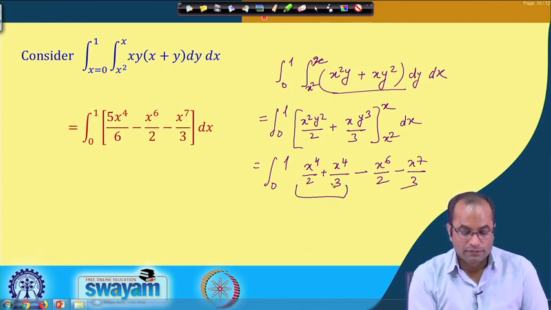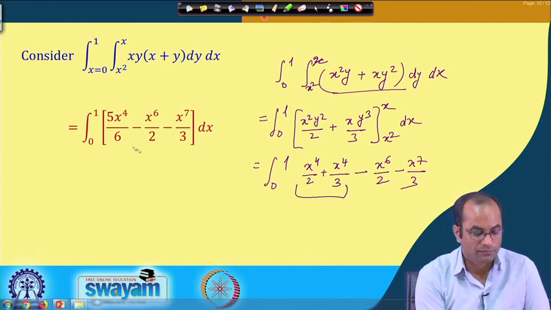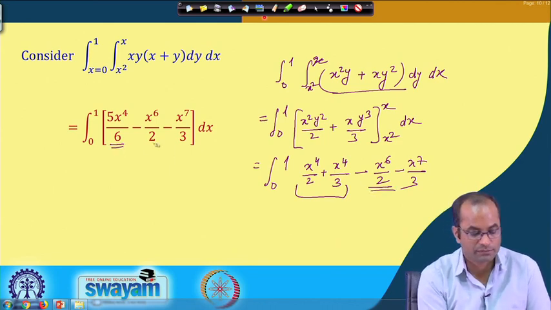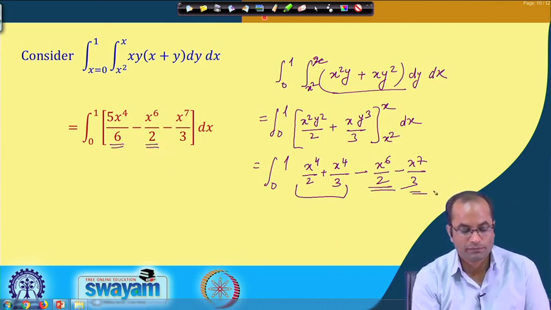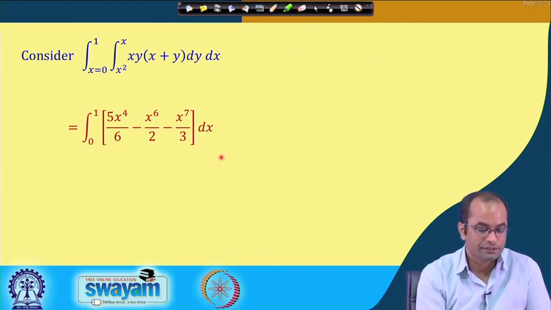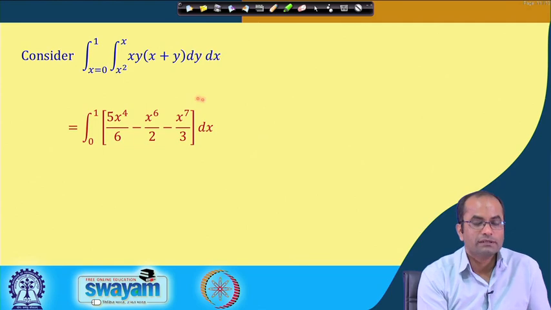So, now the term is 5 x power 4 by 6, then x power 6 by 2, and x power 7 by 3. So, this is after the first integration, and now again this is a single integral.